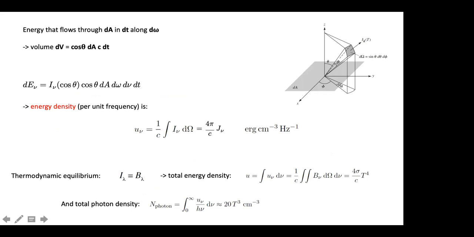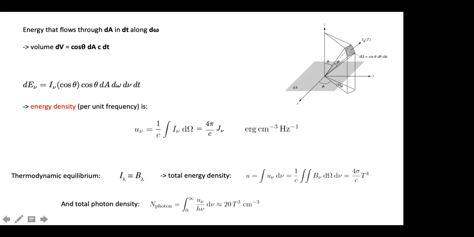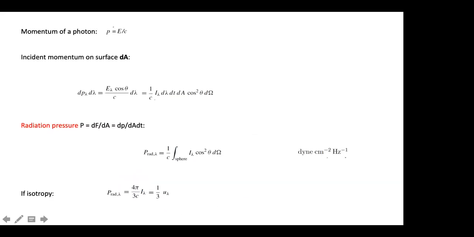And the pressure on the surface is actually the force divided by the area, and the force is the change of momentum in time. So the pressure on the surface, because of the radiation, is force divided by area, that is momentum divided by area and time.